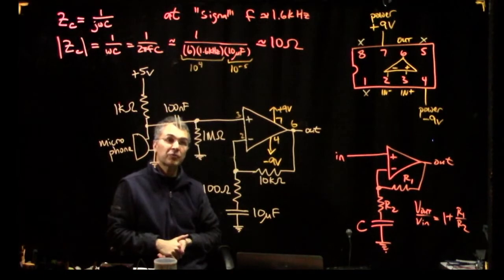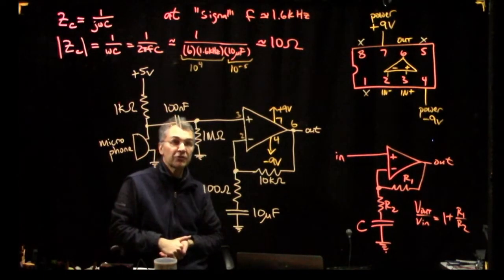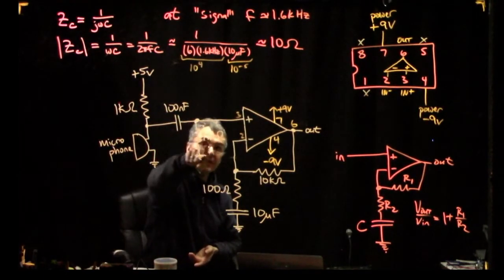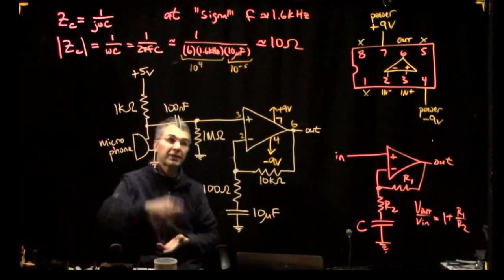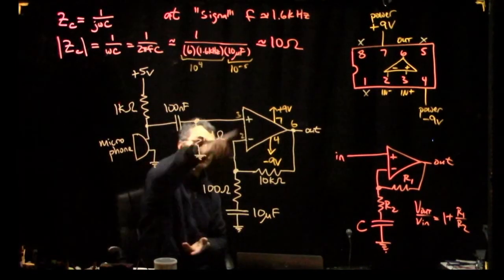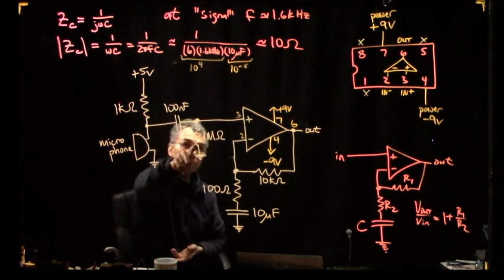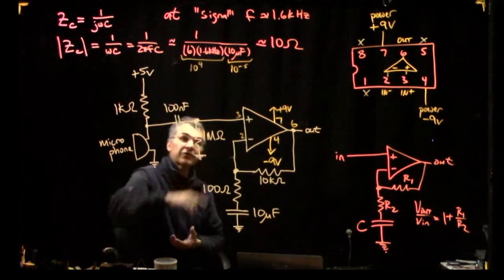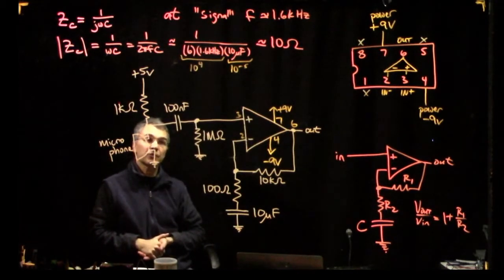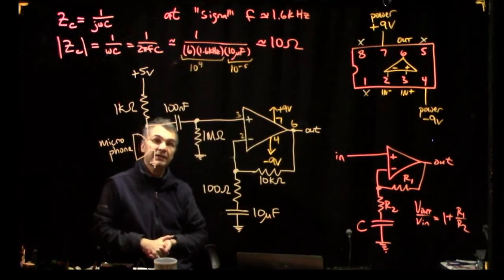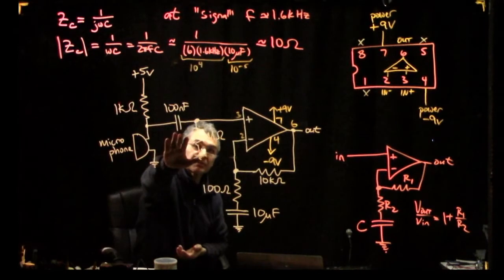So you don't want it to be absolutely ginormous, because then I bias times this resistance would be big enough to saturate the output at the plus or minus power supply voltage. But if it's too small, then you have an RC time constant here that's too small.